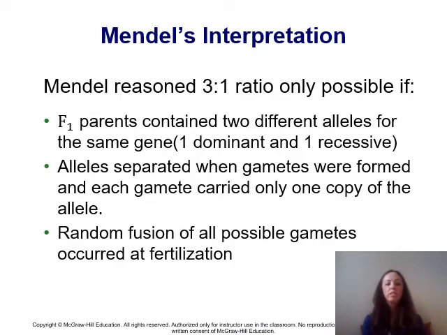Mendel took the results from his test cross and theorized that plants carried 2 genes for each trait, and further theorized that gametes only carry 1 trait or 1 gene, the gametes being egg and sperm, at least in humans, and in plants it would be the eggs and the pollen.